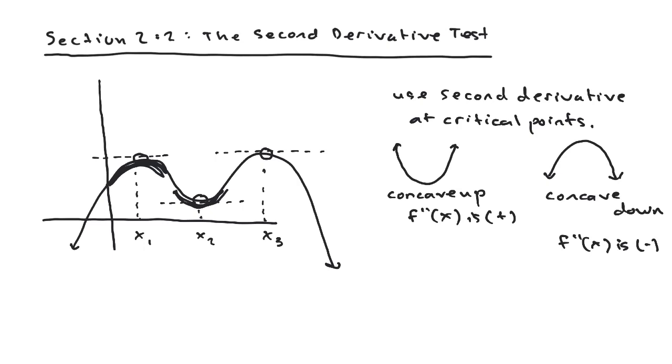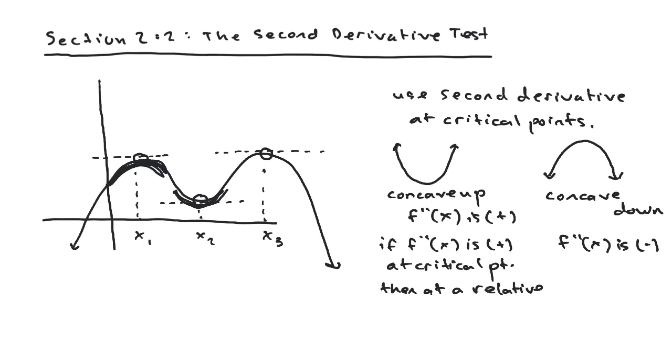So if f double prime of x is positive at the critical point, then we're at a relative minimum. And if f double prime of x is negative at the critical point, then we're at a relative max.